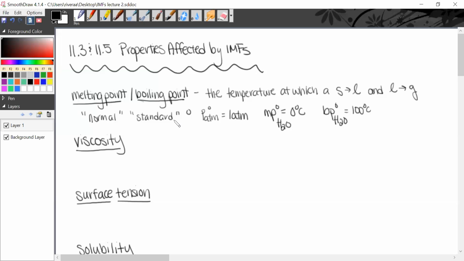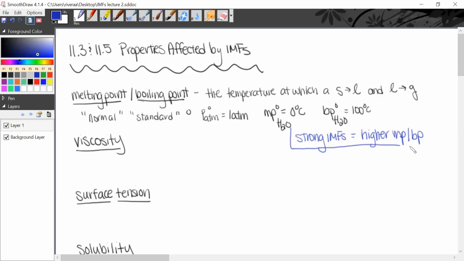So they're going to have higher melting points and boiling points. So I'll just do my effects here in a different color. So if you have strong IMFs, you're going to have higher melting points and boiling points.